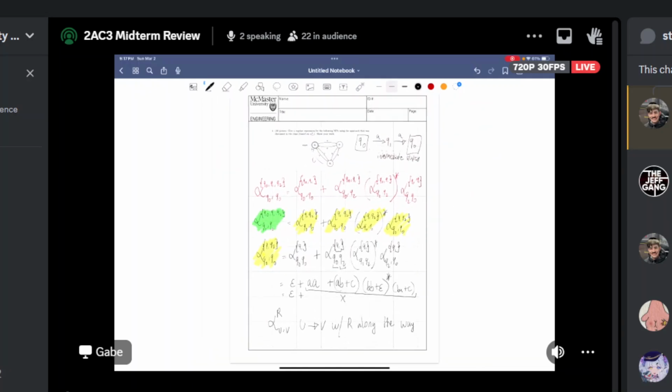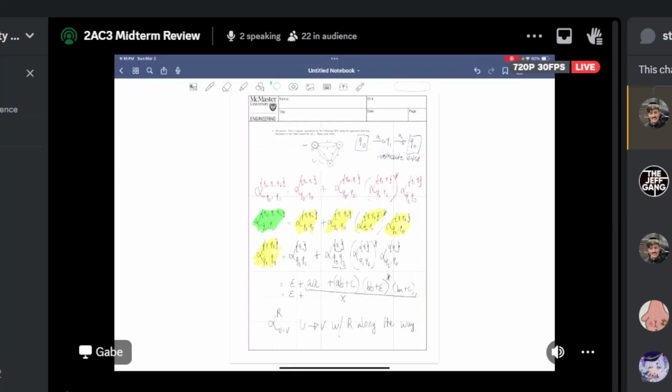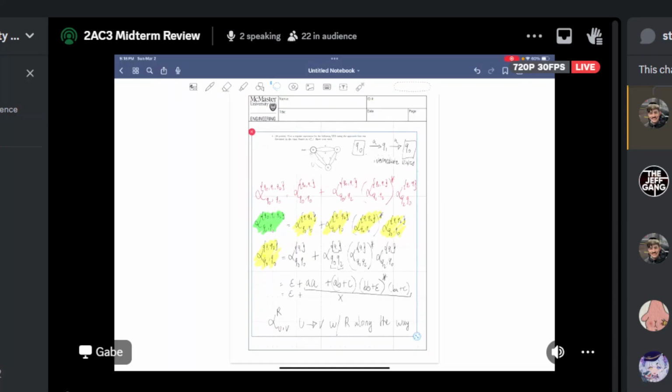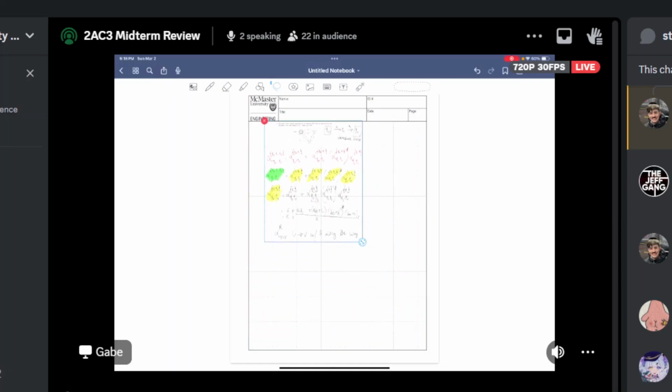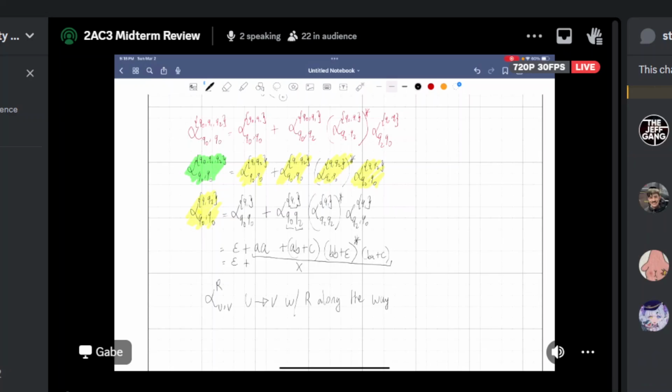Okay. So now let's say our answer is epsilon plus X because it's epsilon plus some regex X, which is this. And we said that this is our answer right here, so I'm going to plug it in.